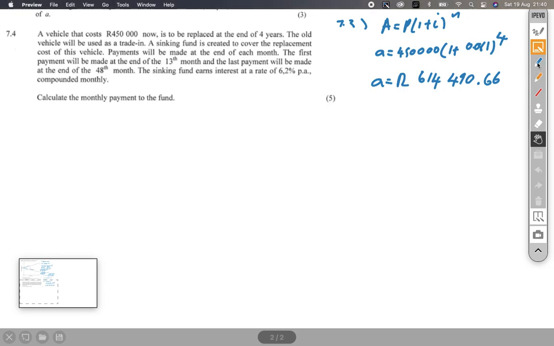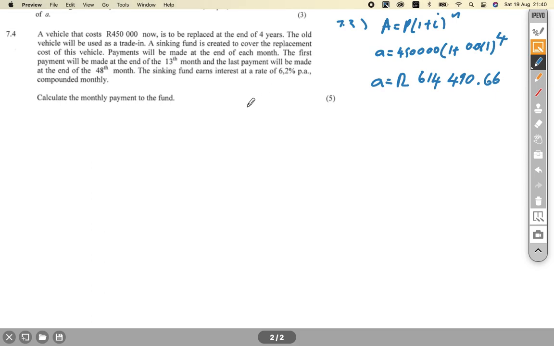Okay, then 7.4. A vehicle that cost 450,000 now is to be replaced at the end of 4 years. The new vehicle will be used as a trade-in. A sinking fund is created to cover the replacement cost of this vehicle. Payments will be made at the end of each month.